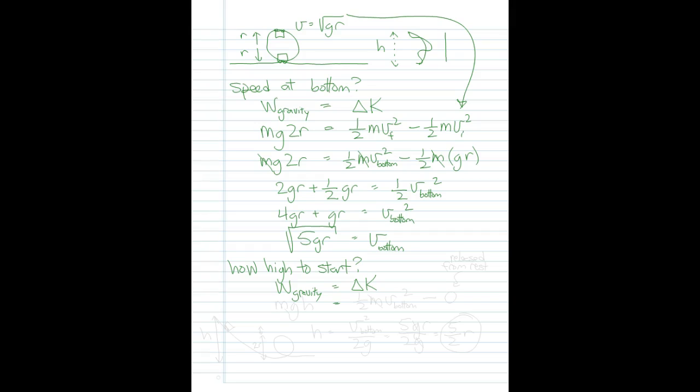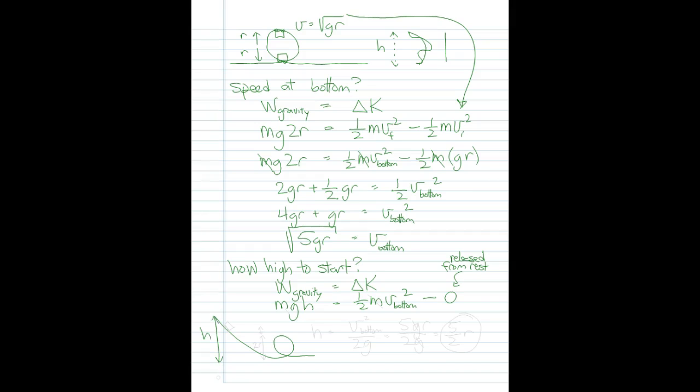So you're just going to have 1/2 m v bottom squared at the bottom minus 0 at the top. You're going to be released from rest. Okay, and so this is mg times the height of some ramp. So we have some ramp leading into the loop-the-loop. It has some height, h.